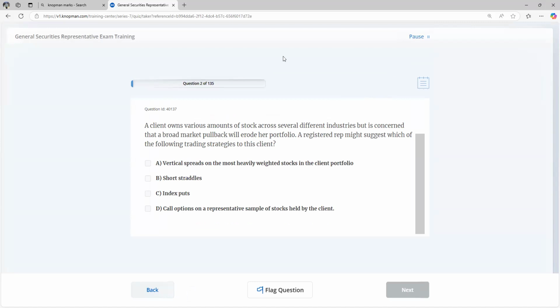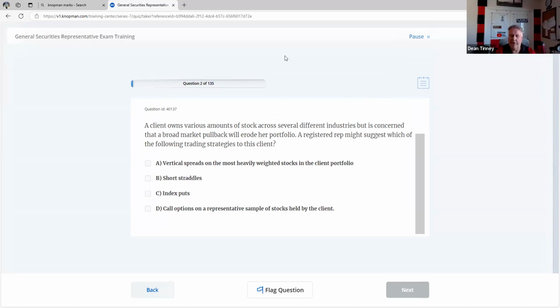I'm just trying to understand the question. Client owns various amounts of stock across several different industries and is concerned about a broad market pullback. So that's the pivot.